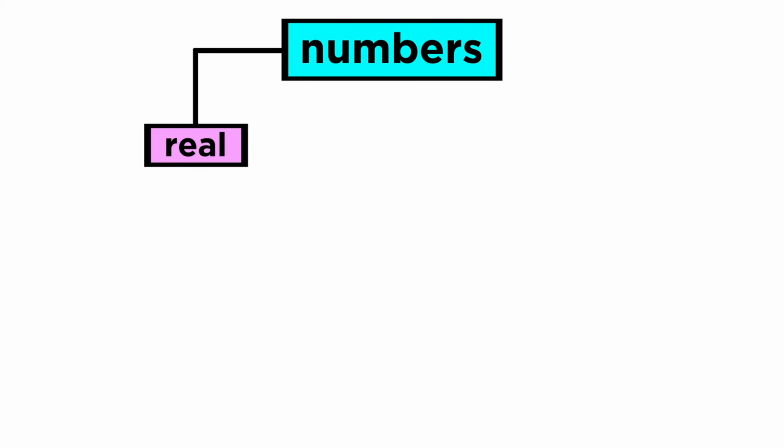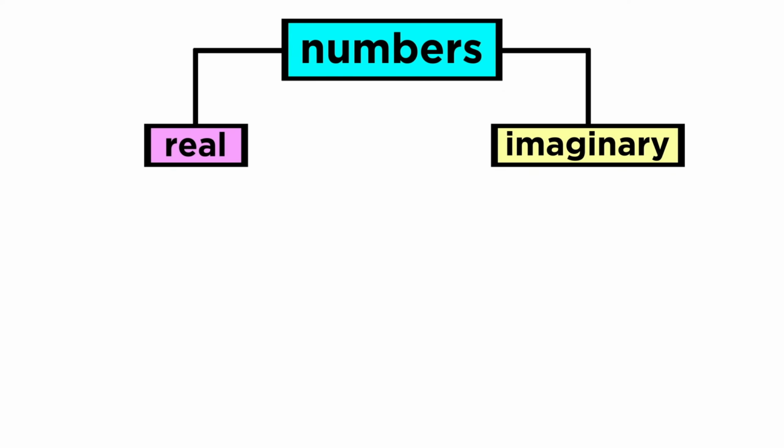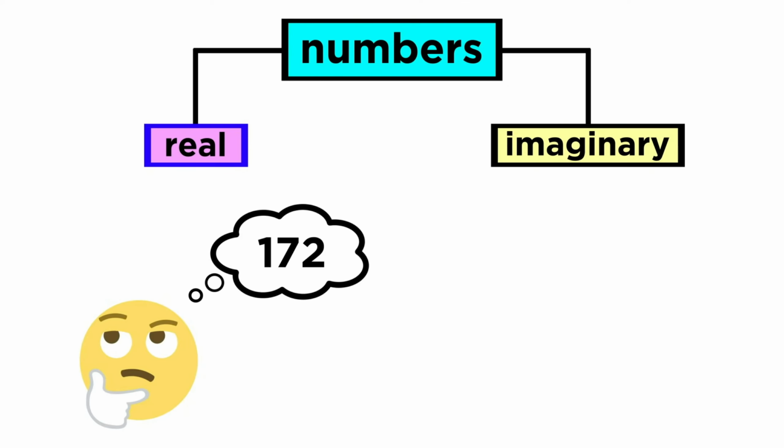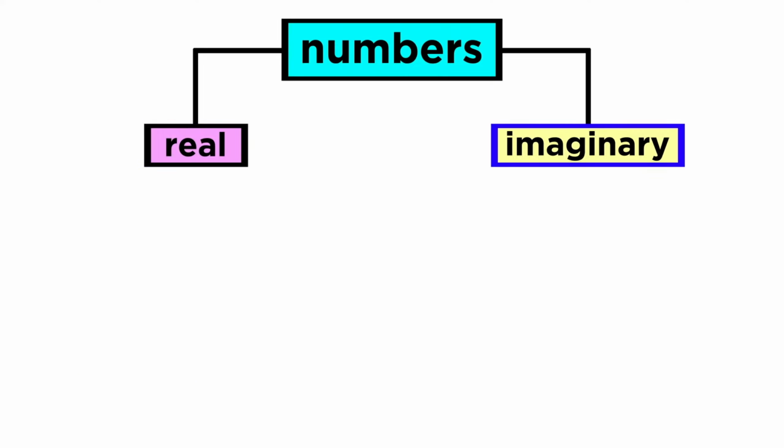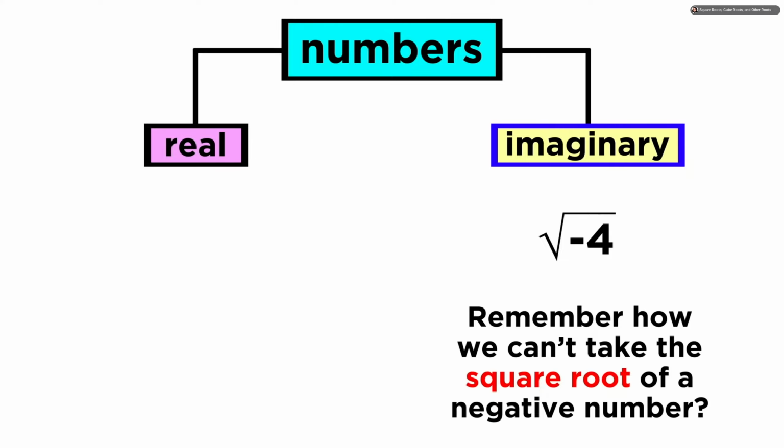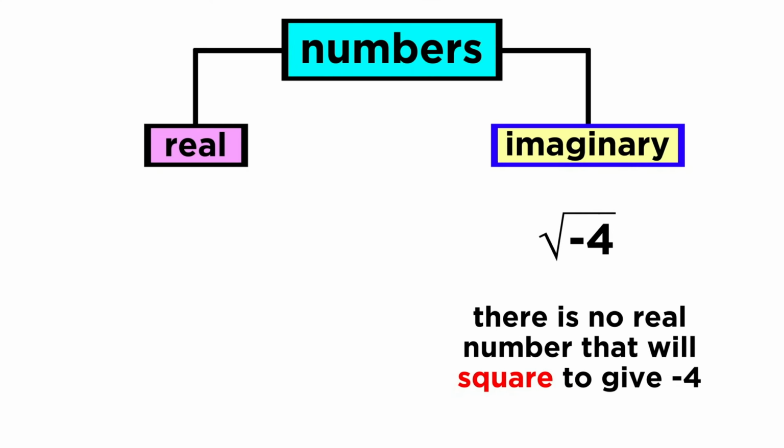But some numbers are real, while some numbers are imaginary. Real numbers are probably still all the ones you were thinking of, so let's define imaginary numbers. Remember when we said that we can't take the square root of a negative number? In a certain sense, you can't, because there is no number that when squared will produce a negative number.